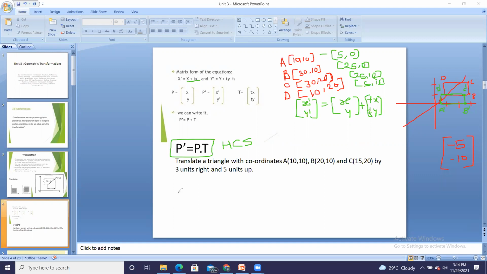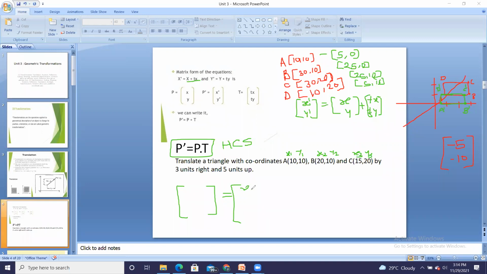So here I will write, let us say P dash point as in our earlier example. Let us say this is your x1, y1. This is your x2, y2. And this is your x3, y3. So 3 coordinates are there.